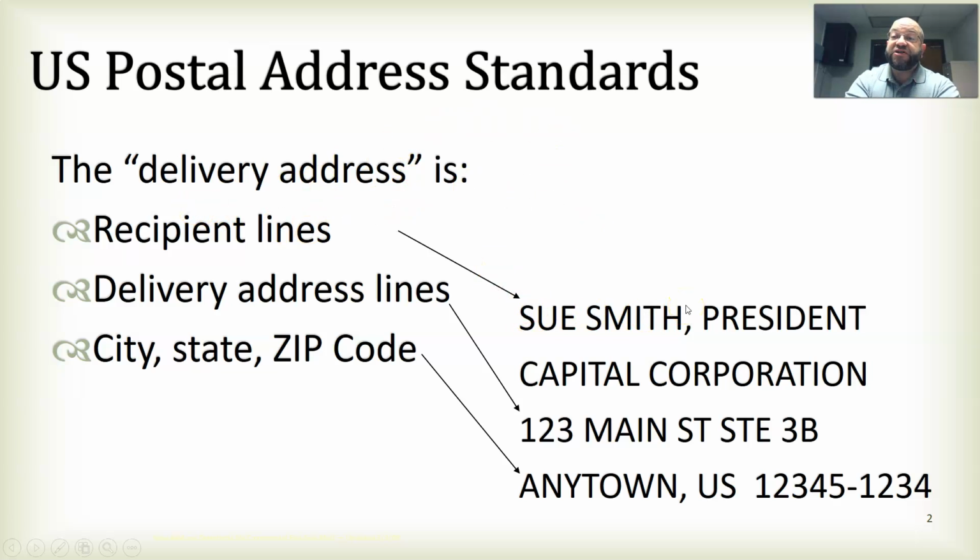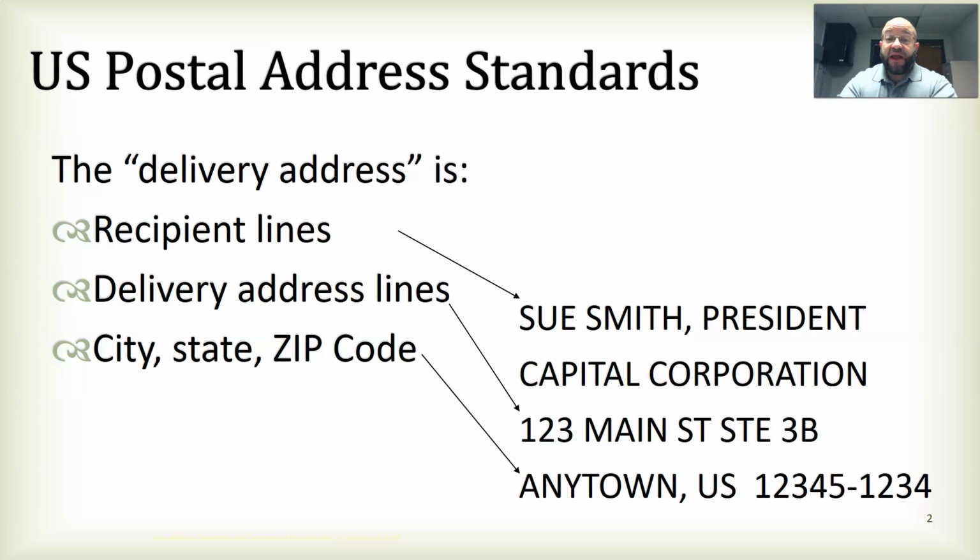Now, in the event that you're sending it to a business, you could simply put the business name in there. My little brother's business is Little John's Car Quest, so you could simply put Little John's Car Quest and then the next set of information. However, if you're sending it to somebody specifically at a business, then you need to take it up another notch.